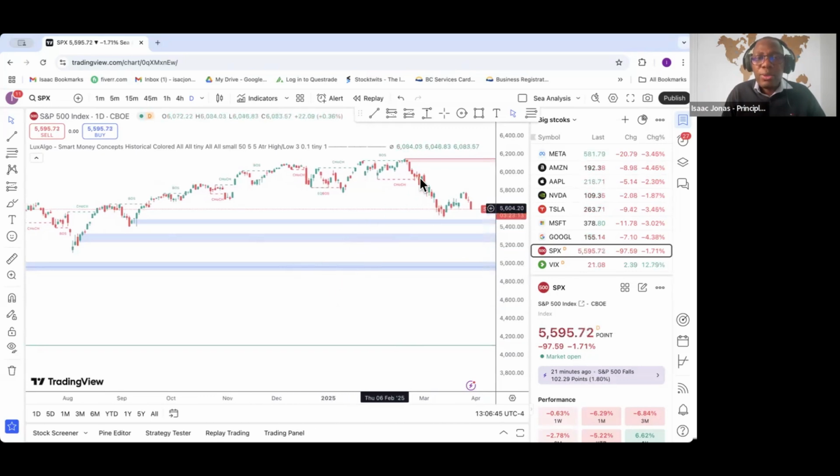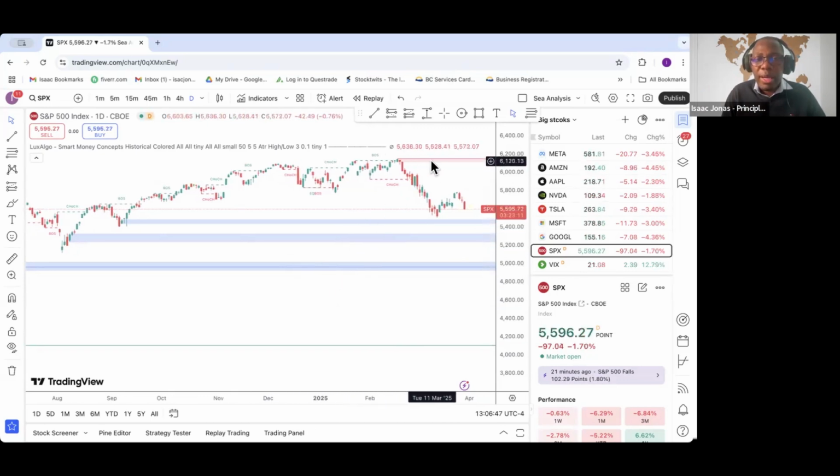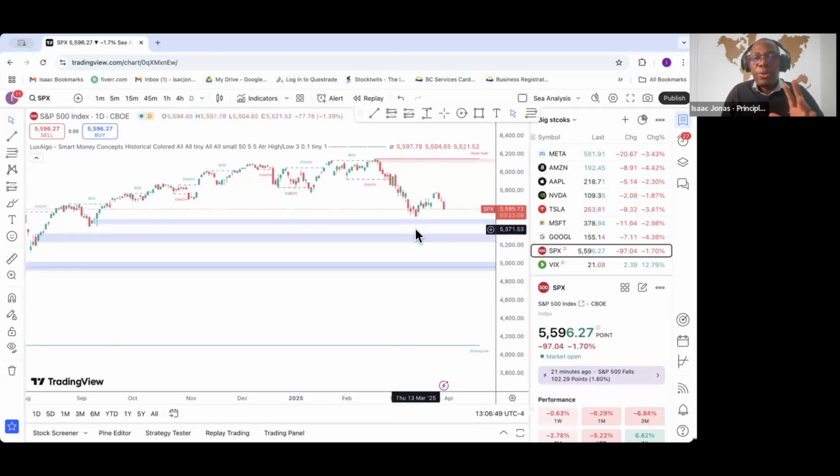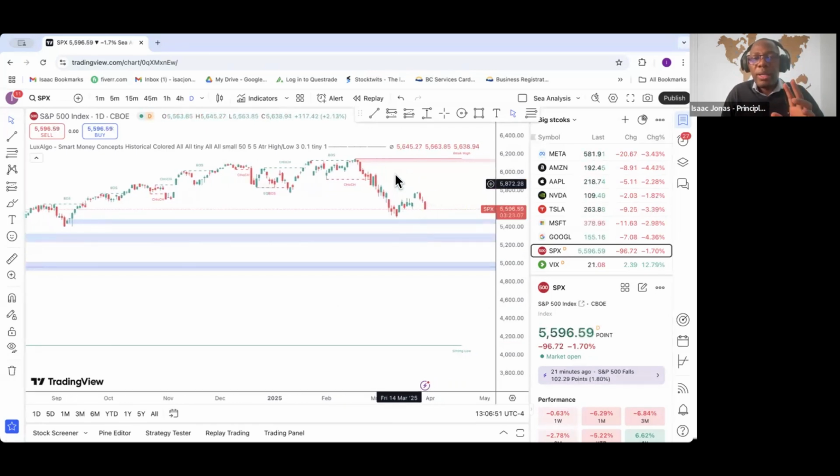These are demand zones, and those in red are supply zones. Demand zones are those areas where, when the security, in this case the S&P 500 index, comes to this point, usually there's some resistance level because there are some extended buy levels. So it can potentially push the price up.